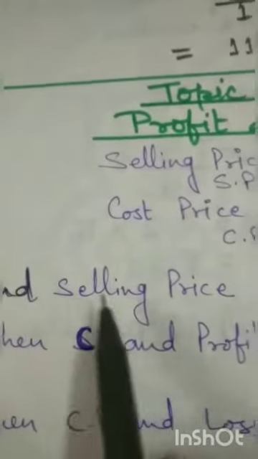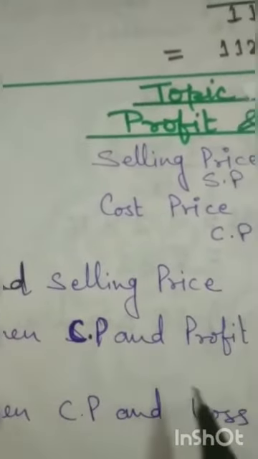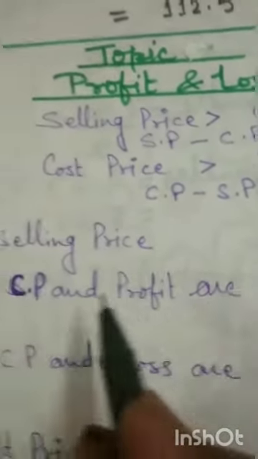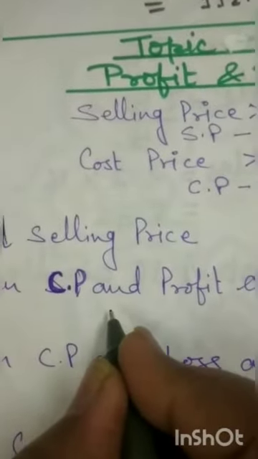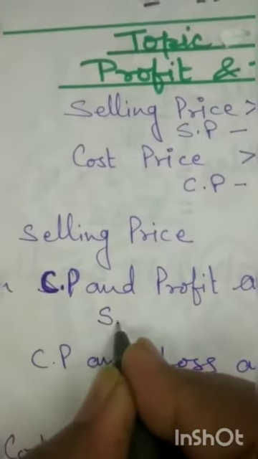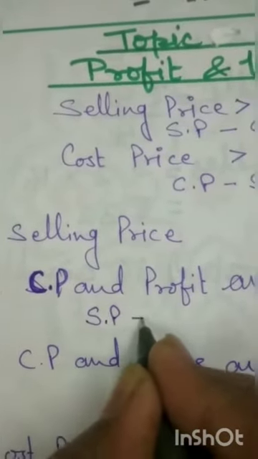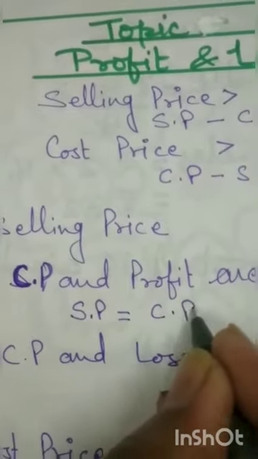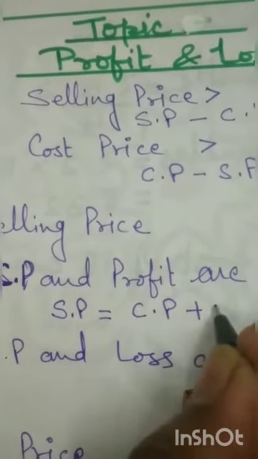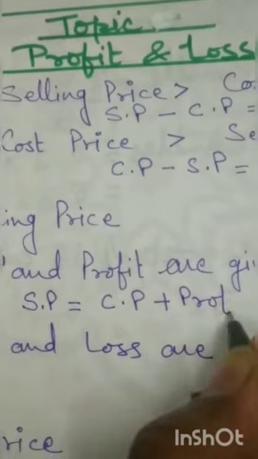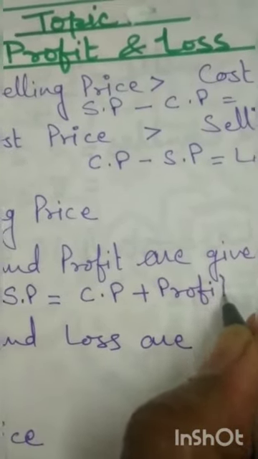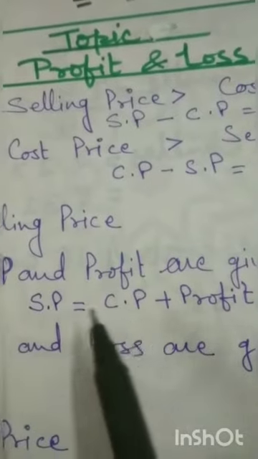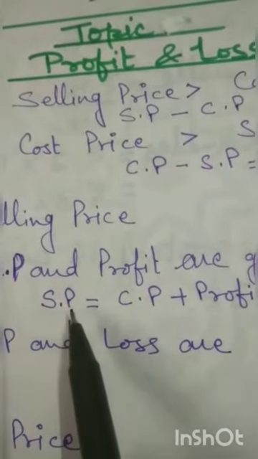So remember this formula: SP minus CP is equal to profit and CP minus SP is equal to loss. How to find the selling price when cost price and profit are given? SP means selling price will be cost price plus profit. When you add profit to cost price, you will get the selling price.